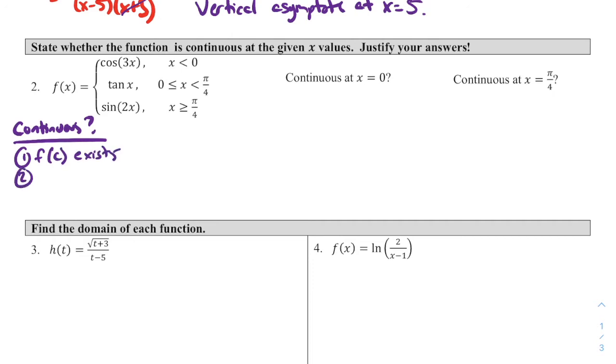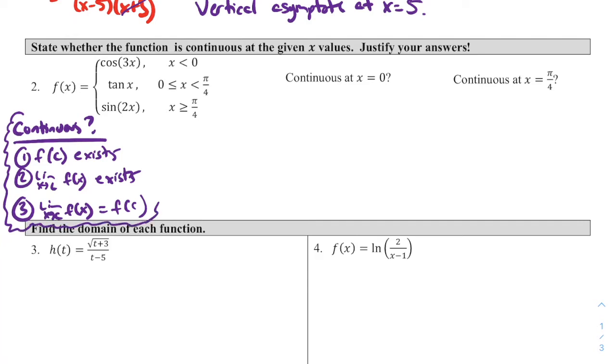We need to know that the limit as x approaches c of f of x exists. And the third one, we need to be able to say that the limit as x approaches c of f of x is equal to that f of c. All 3 of these things must be true for a function to be continuous at some point x equals c.